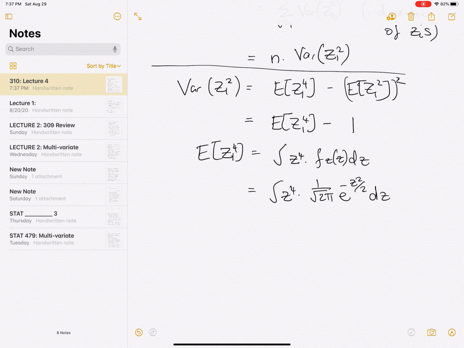It was something you had to do a lot in 309. But just in case you're missing it, we're going to do it once, which is integration by parts, to calculate this expectation.